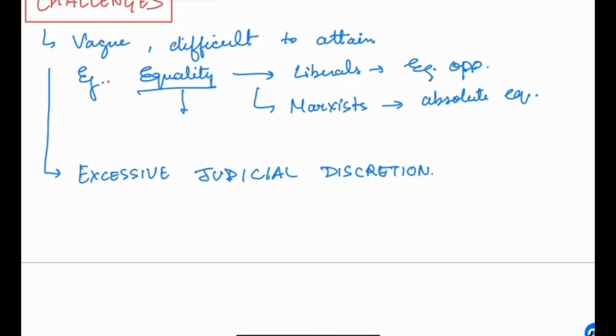They are there to interpret the law, not make the law. When the definitions are vague, there is a lot of discretion. And morality as a concept is supposed to be vague. It is not a clearly defined thing anywhere. So if we are over relying on constitutional morality, excessive judicial discretion increases, leading to judicial overreach or judicial activism.